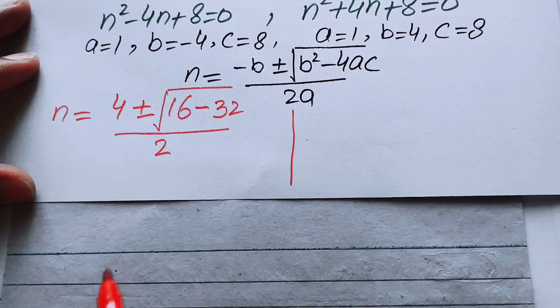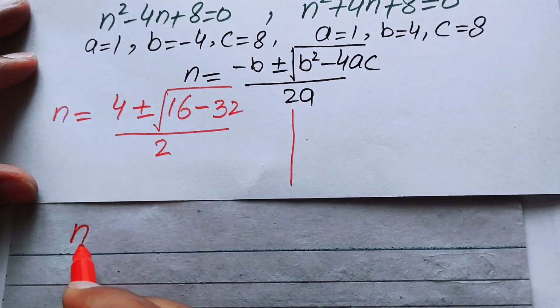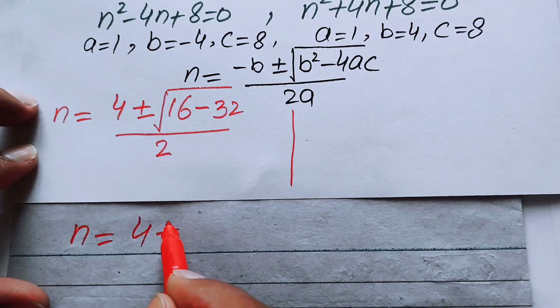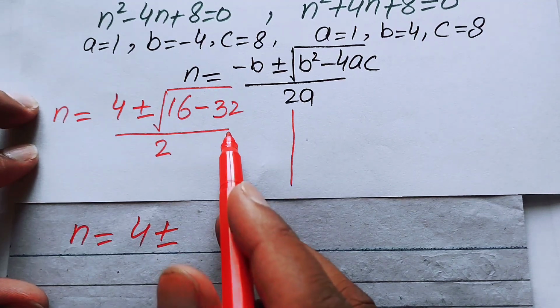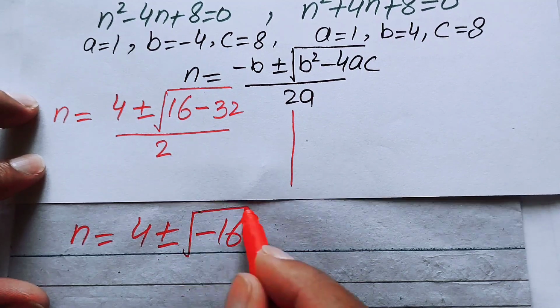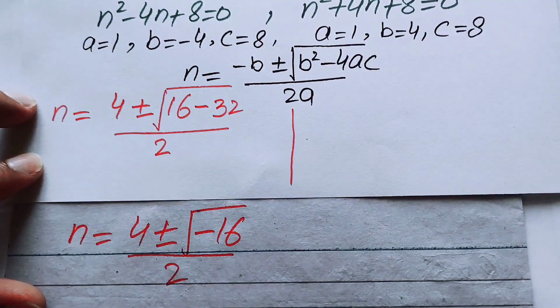Now we can simplify this term, and you get n is equal to 4 plus minus the square root of 16 minus 32, which is equal to minus 16, over 2.